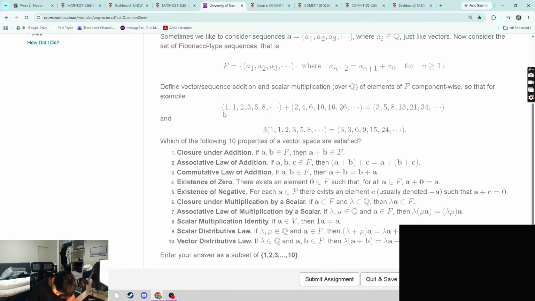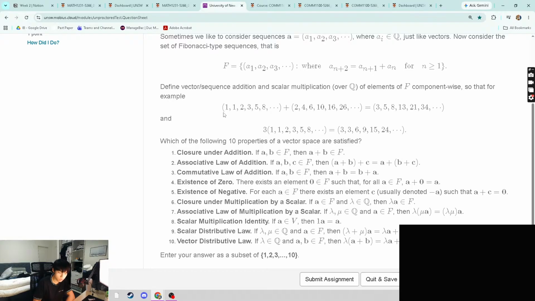The scaling works. 8, scalar multiplicative identity works. 9 looks like it would work.